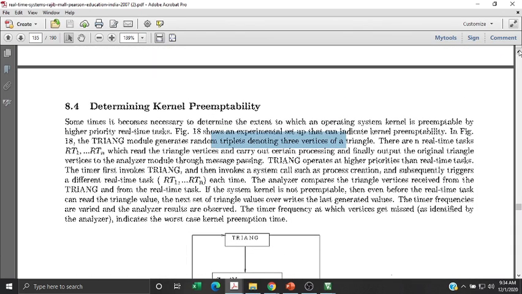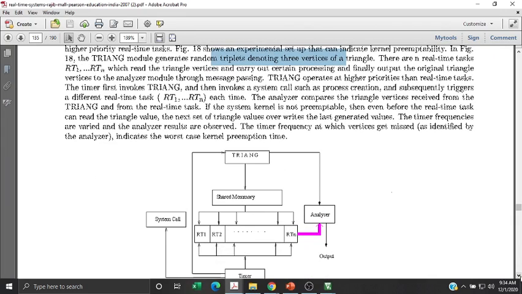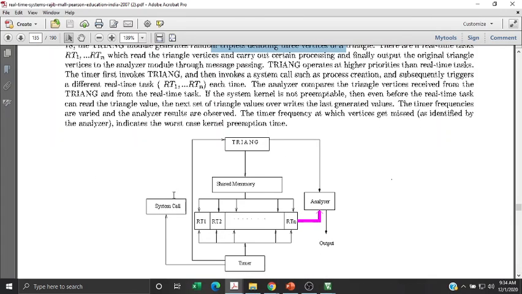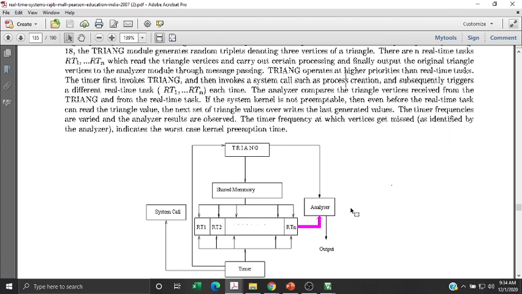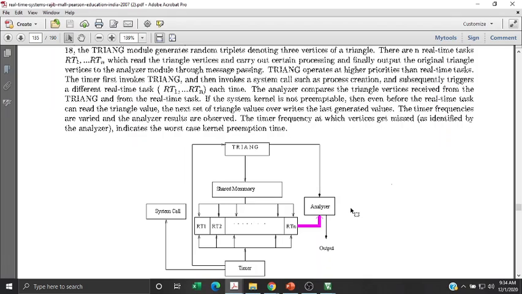The setup of the triangle involves generation of a task or the three vertices, with some functionality associated with that. How best you can serve a system call with the priorities that will be fed through the analyzer, because you are generating vertices that are fed to the analyzer, to memory, and the timer is fed to all of it. The analyzer takes the timer as well as other aspects, and the preemptibility of that particular system can be commented on: highly preemptible or non-preemptible.